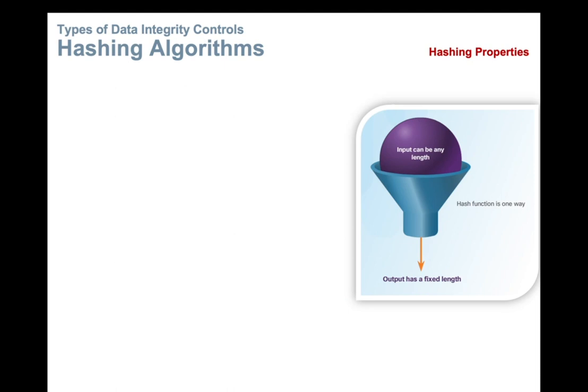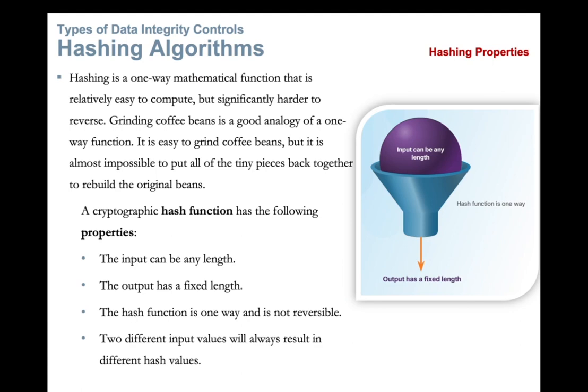Hashing is a one-way mathematical function that is relatively easy to compute but significantly harder to reverse.